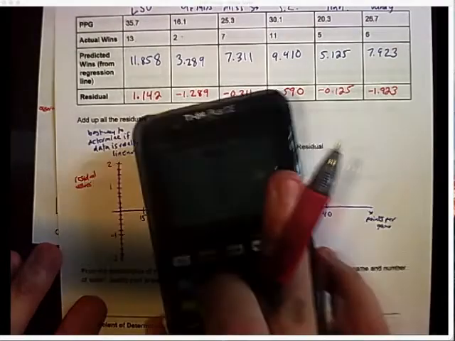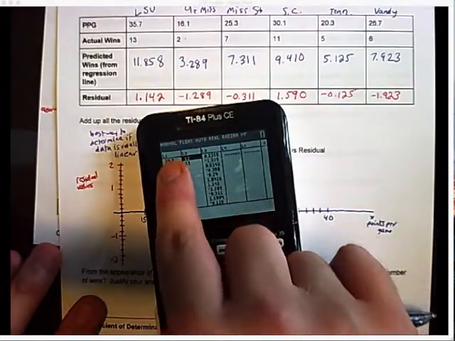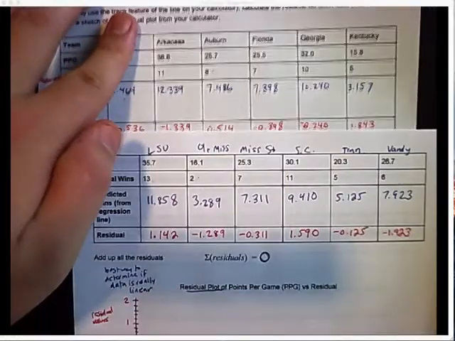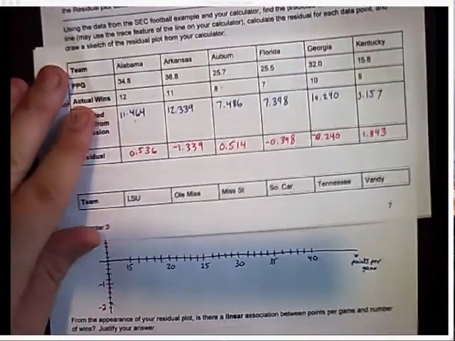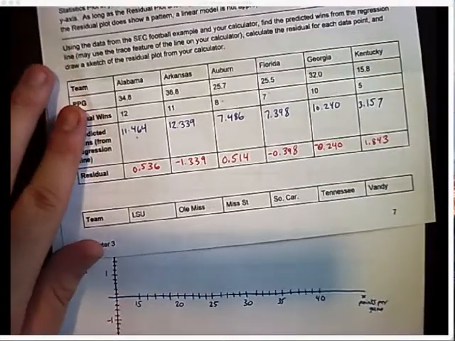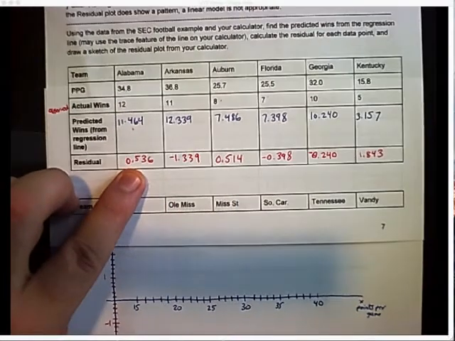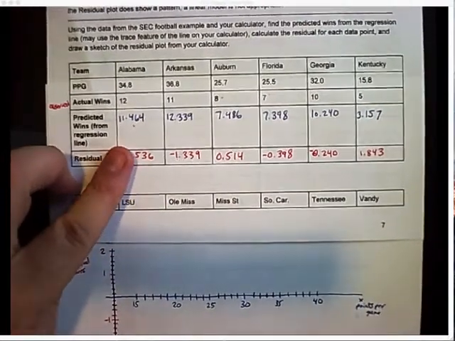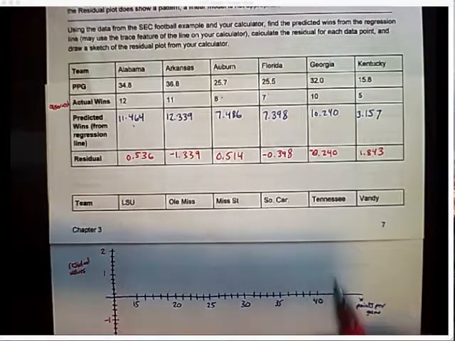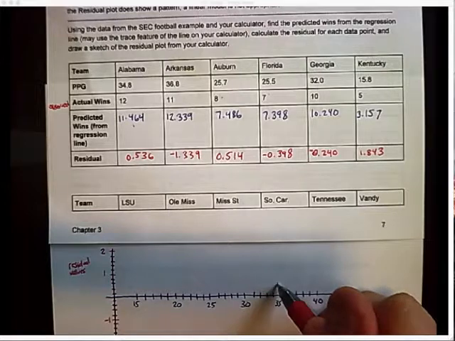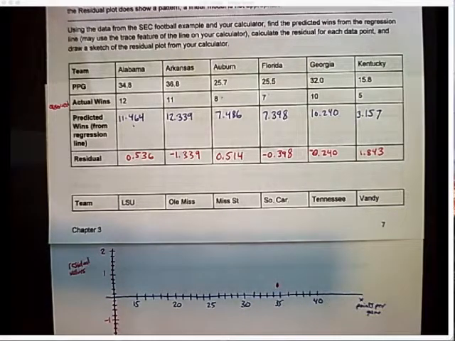So basically what I'm doing is making a plot of my data from list 1 and from list 3. Just looking at the data again, we'll start on the first page, on page 7. Alabama scored 34.8 and had a residual of 0.536. So 34.8 is about right there, and its residual was 0.536, so about 2 tick marks up, if I'm plotting it.